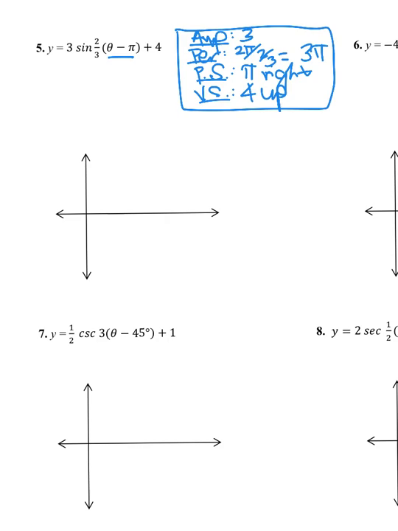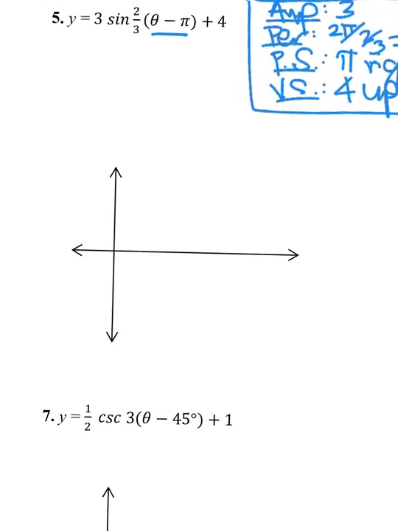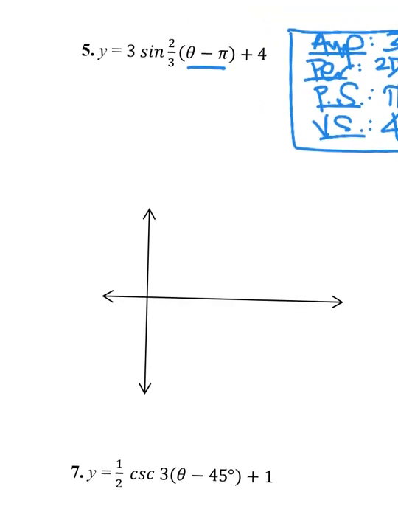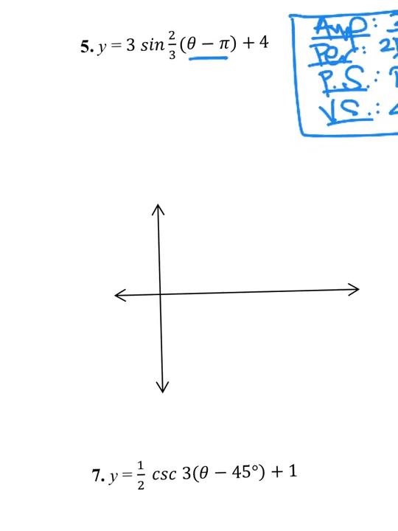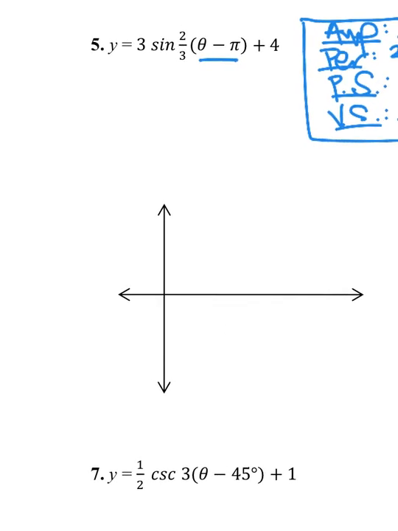Okay, so let me go ahead and start with my key points. Giving myself a little more space. All right, and so for sine, the parent graph, my original key points start at (0, 0). At pi over 2, it goes up to 1.